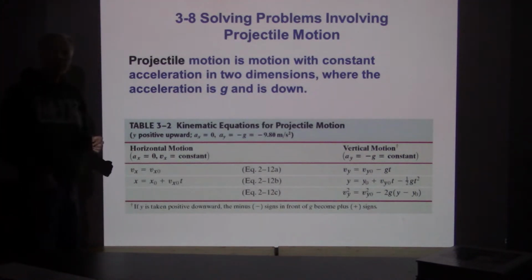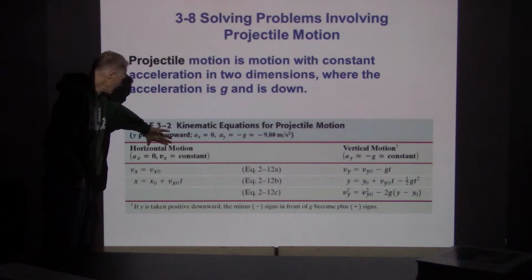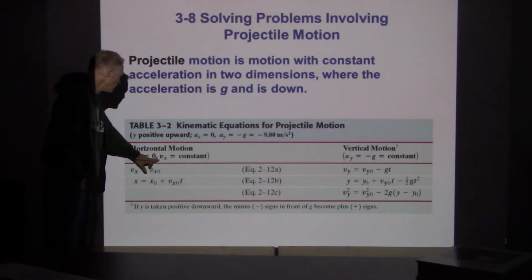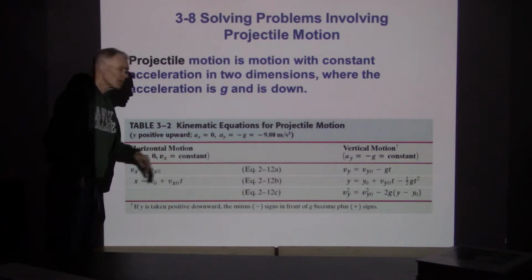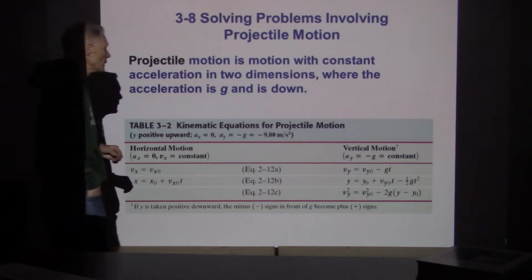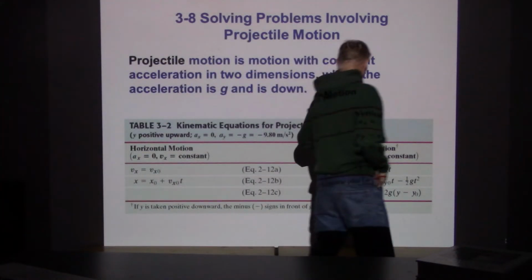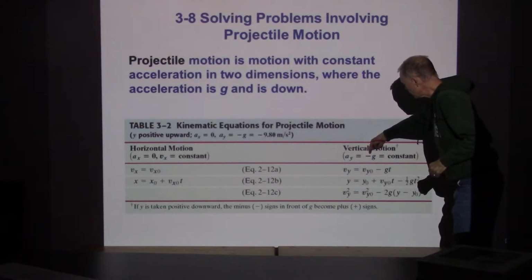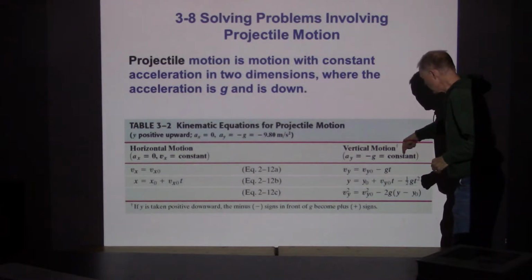This is kind of what we hinted at before: for the horizontal motion, we are going to set the acceleration equal to 0, and Vx becomes a constant. So the velocity is constant in the x direction. Now in the vertical direction, we are going to have an acceleration, and that's going to be given by negative g, and that's going to be a constant.